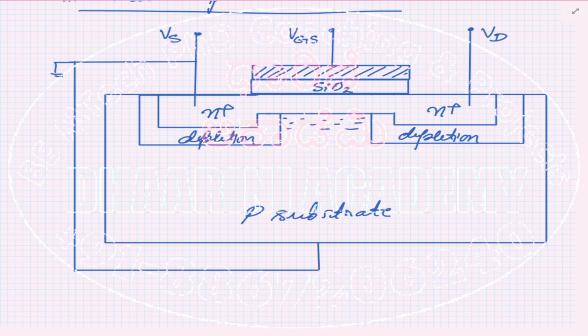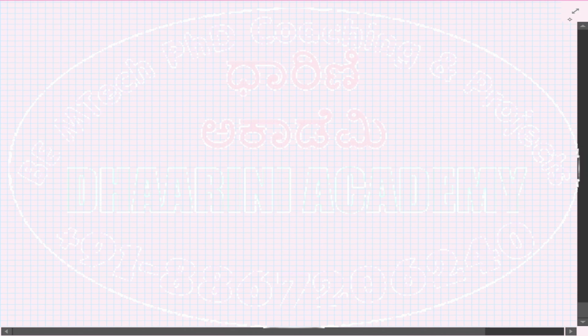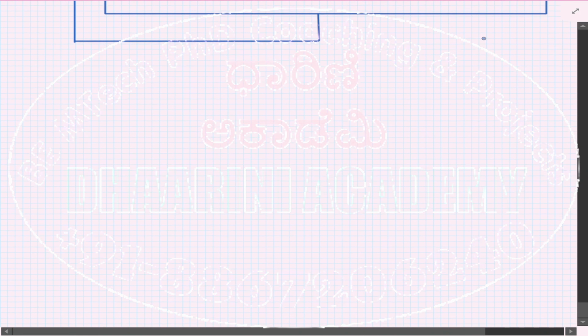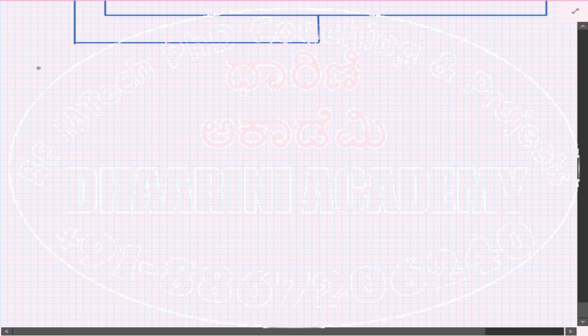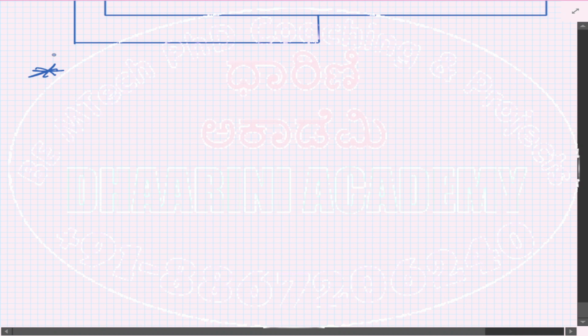In the previous case, VGS 0 was completely turning off the device. Now that is not happening over here. So let's write that one point here: enhancement and the depletion mode of MOSFET.